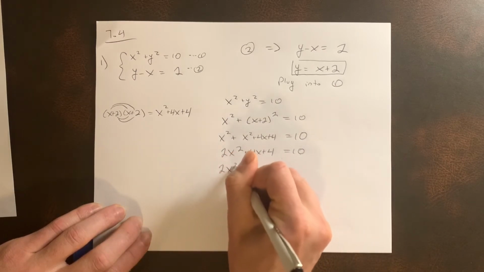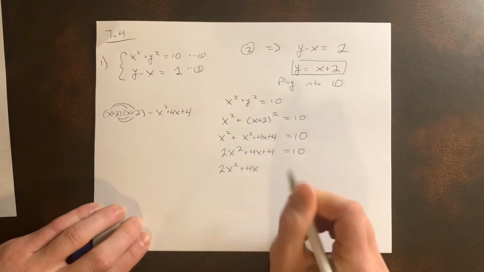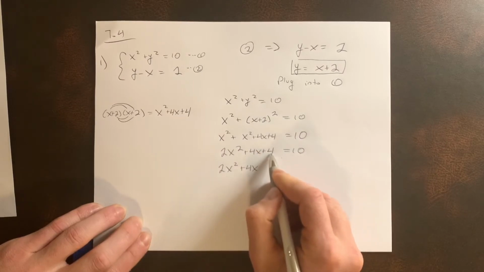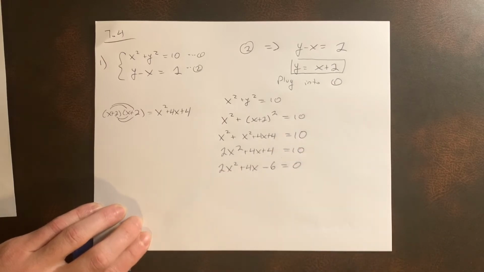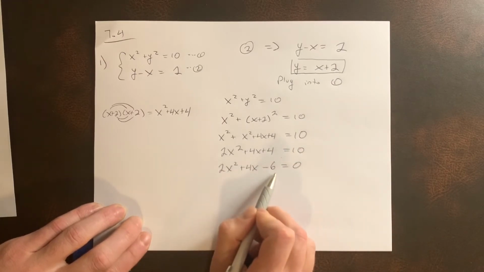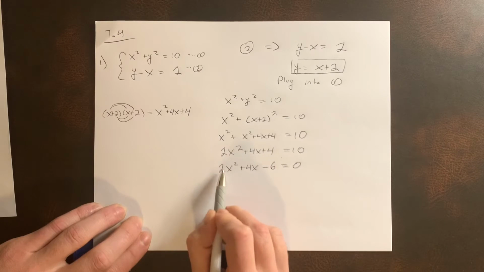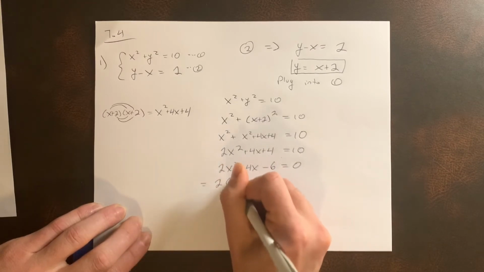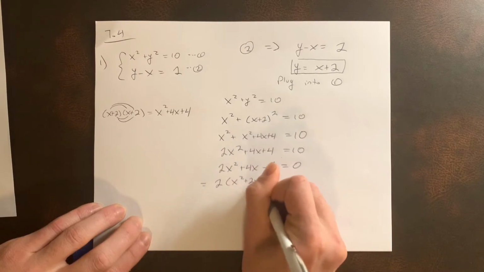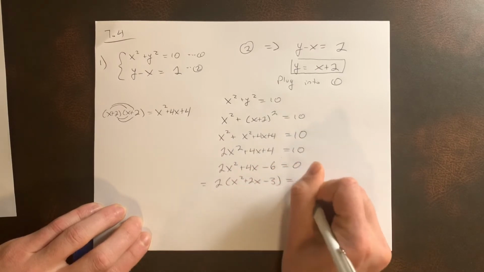We're going to get 2x squared plus 4x, and when we subtract the 10 over, the 4 becomes 4 minus 10, which is minus 6. Now we want to solve this. The first thing we see is that we can take a 2 out of each piece, so this is 2 times x squared plus 2x minus 3 is equal to 0.